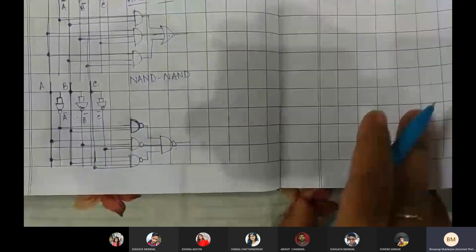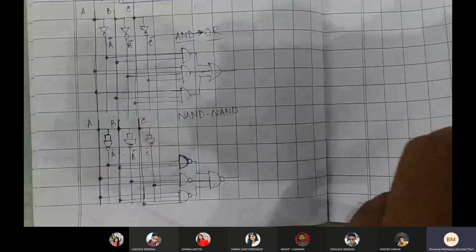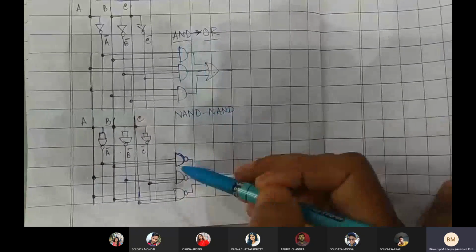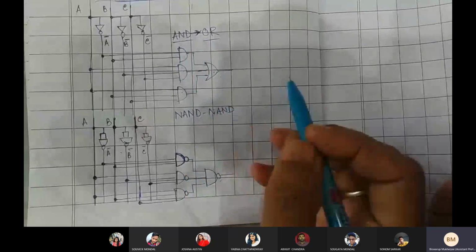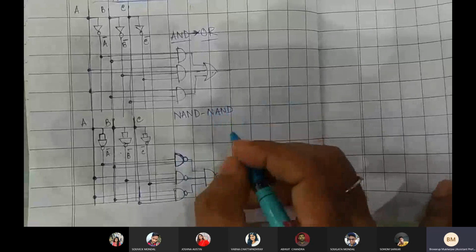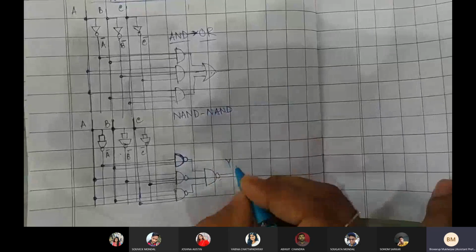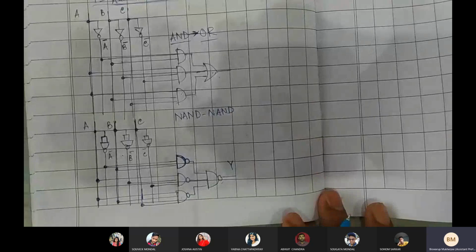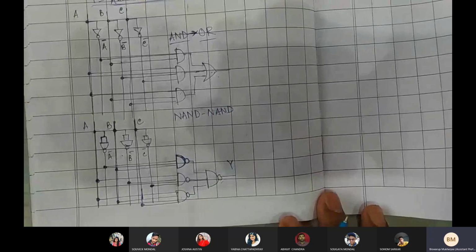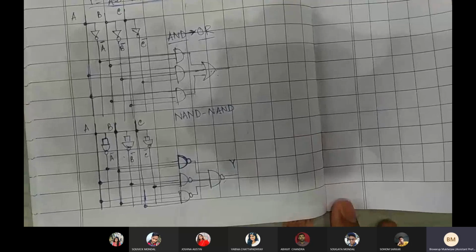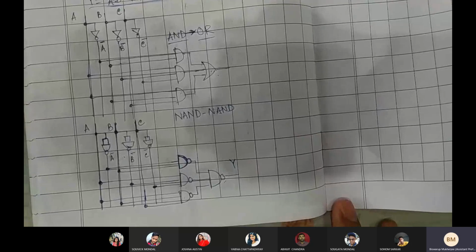So what I have drawn is exactly the same figure, but the AND and OR gates are directly replaced by NAND. Make sure that it will produce the same Y as it is. If you have any confusion regarding how this will produce Y, you simulate that one.